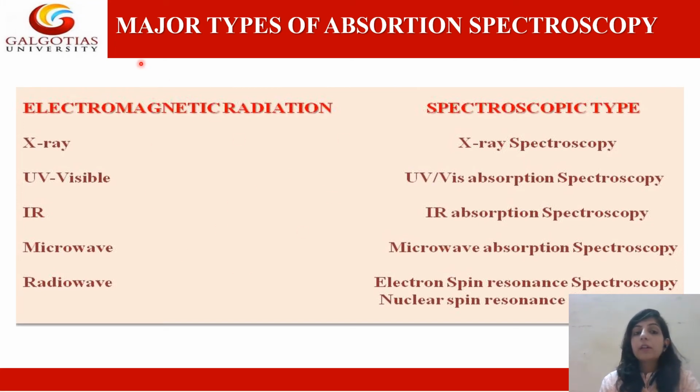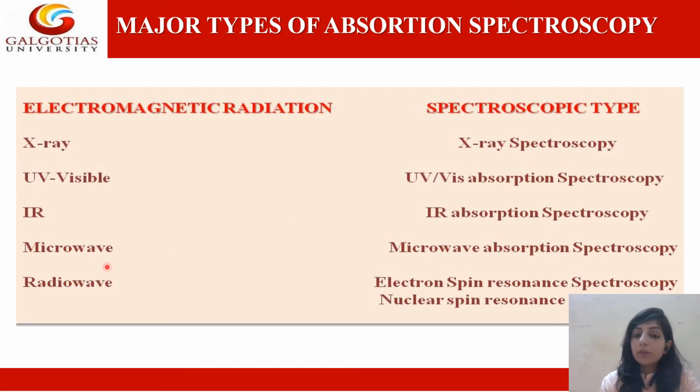Moving forward, now we will discuss the major types of absorption spectroscopy. Here we have written the electromagnetic radiation and the spectroscopic type. First we have X-ray radiation, that is X-ray spectroscopy. If we have UV visible radiation, that refers to UV visible spectroscopy. If we have IR radiation, then we have IR absorption spectroscopy.